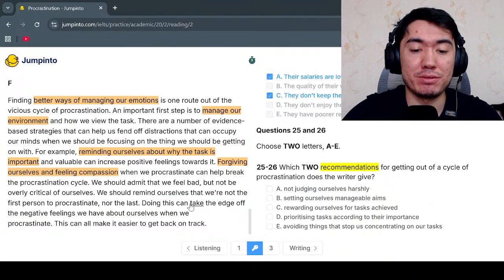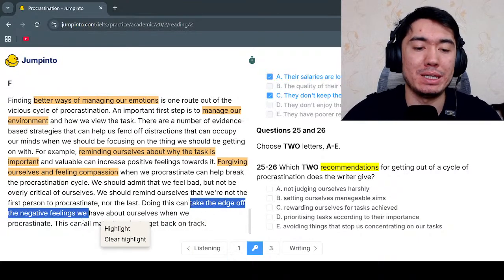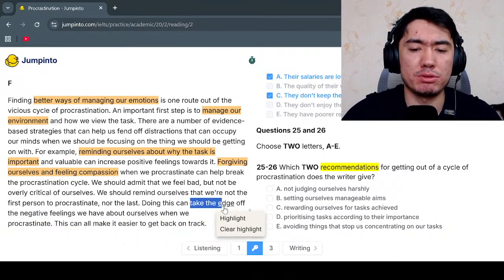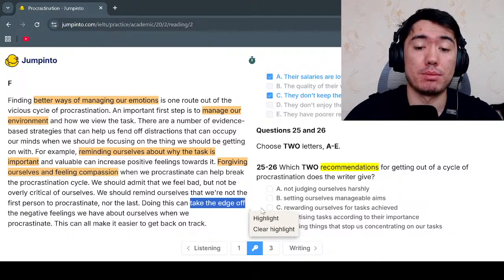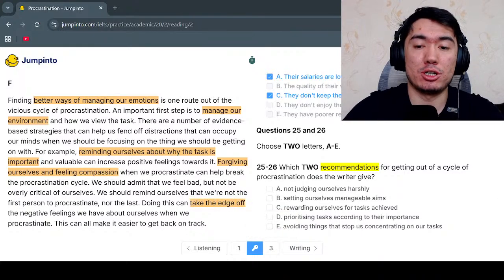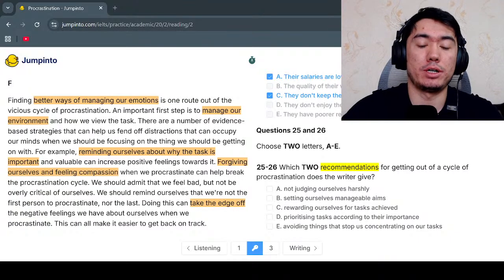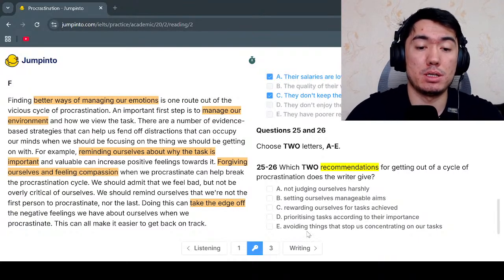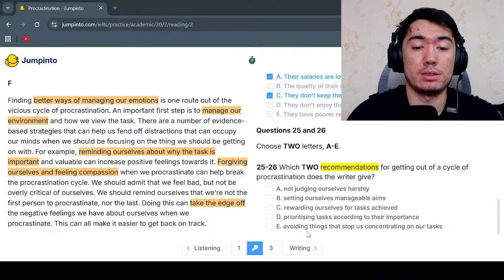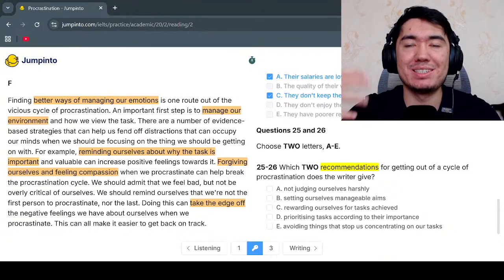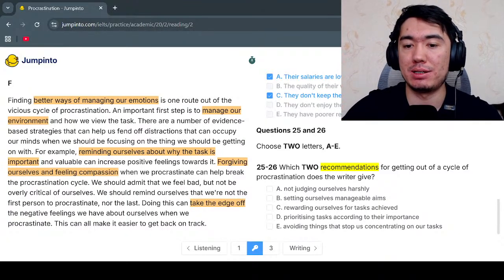Take the edge off is a beautiful idiom. Take the edge off of negative feelings. So it means it makes it softer, makes it less bad.